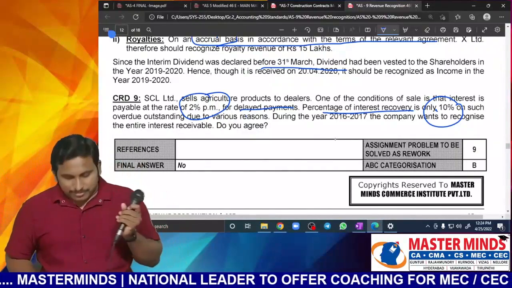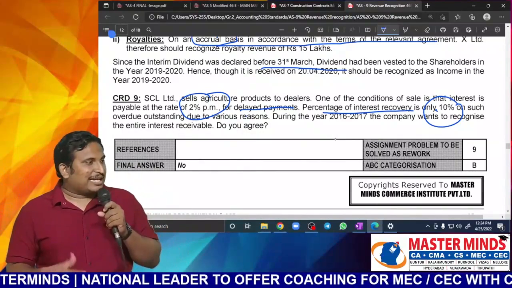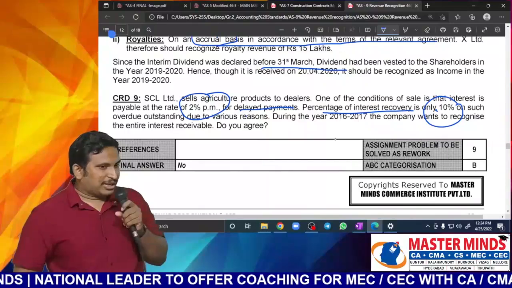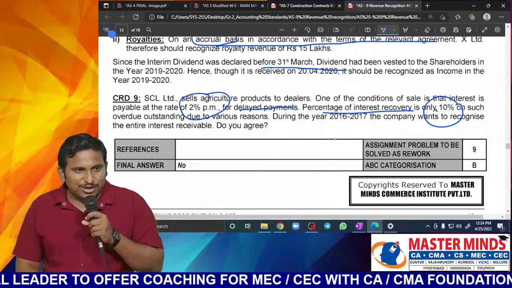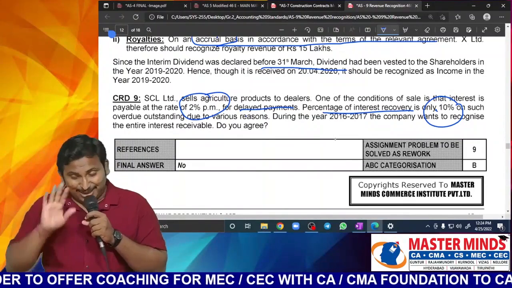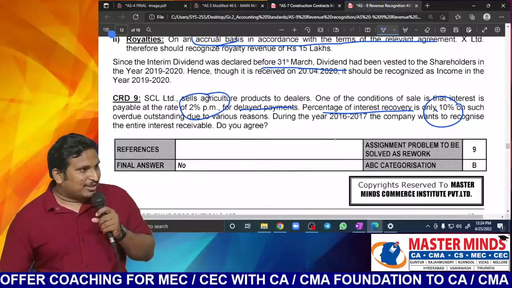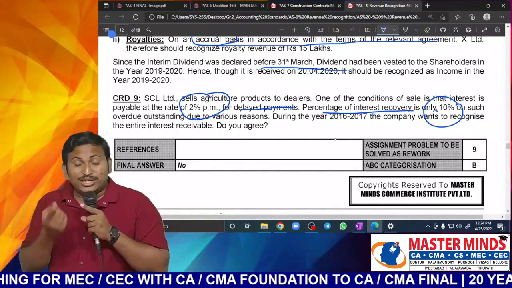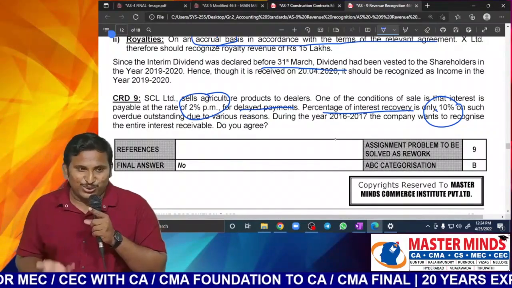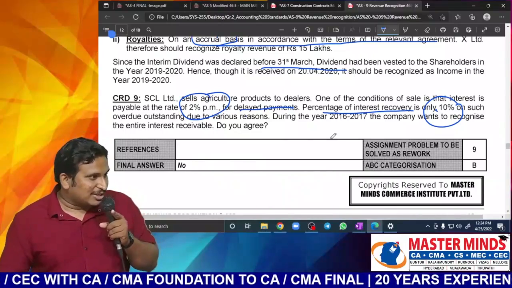So in such a case, shall we recognize that interest revenue or not? Can I recognize, sir? Risks and rewards are transferred or not? Of course, this is interest income, sorry. If it is interest income, first of all, is time completed or not? Yes. Is the amount certain? Yes. Collection? No. So you cannot recognize the revenue.